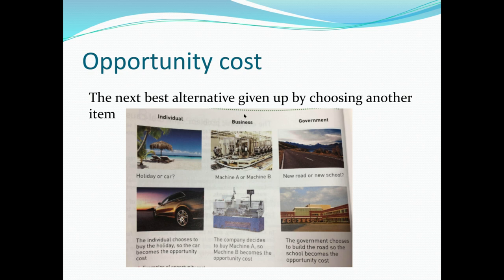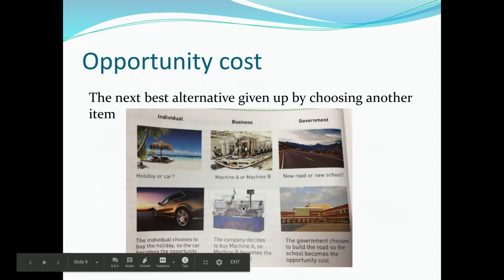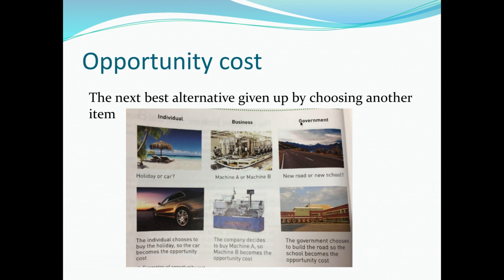Okay? Now for business, you only have money for either machine A or B. So are you buying machine A or are you buying machine B? If you decide to buy machine A, then machine B becomes your opportunity cost. The same goes for the government. Let's say the money of the government is only 100 million real.